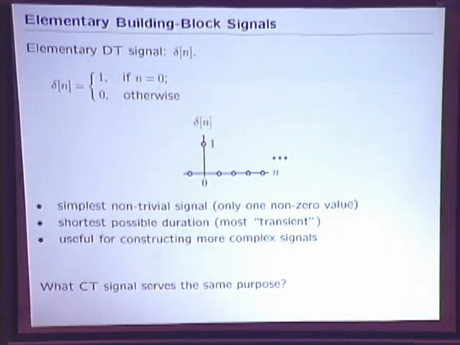In DT, there was a really good candidate for that, which we called the unit sample signal. The unit sample signal is the simplest possible non-trivial DT signal, by which I mean it is 0 everywhere except one place. If it were 0 everywhere, we would call it trivial.